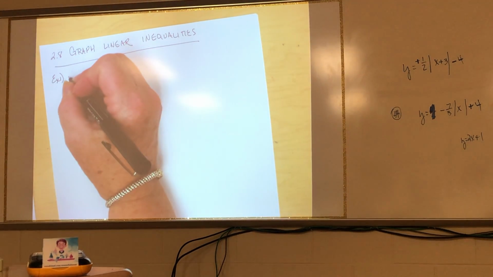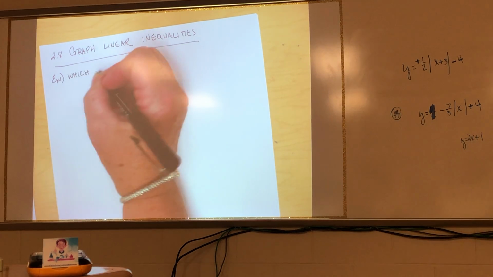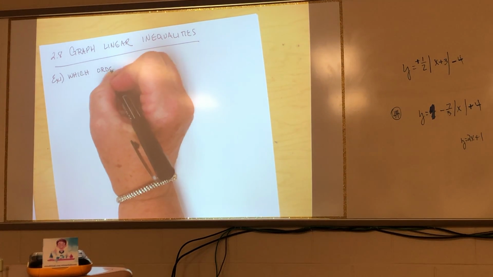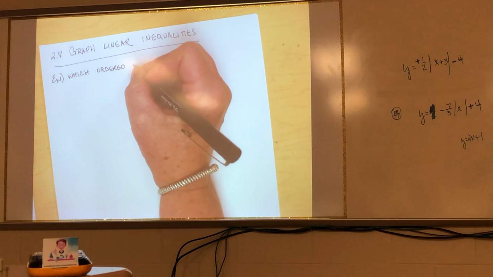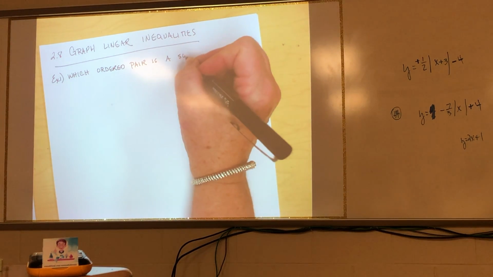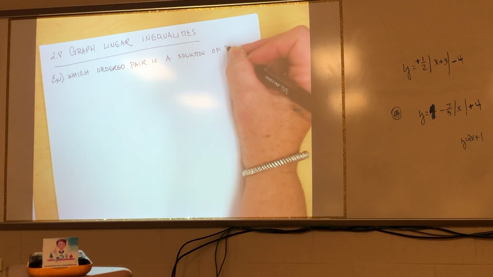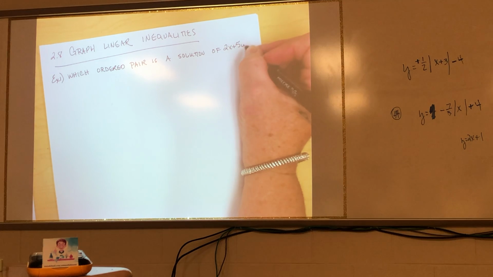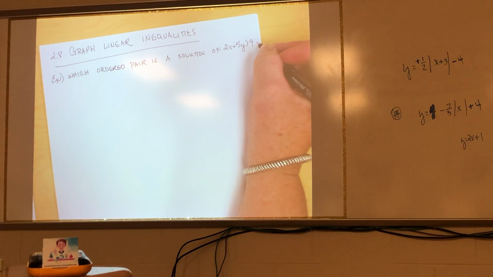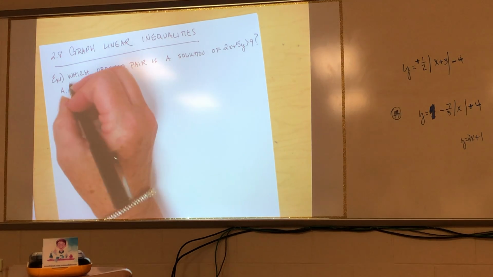All right, so here's the kind of strange problem. It's not very difficult. Which ordered pair is a solution of 2x plus 5y is greater than 9? Okay, and I'm going to give you some choices. Like what?